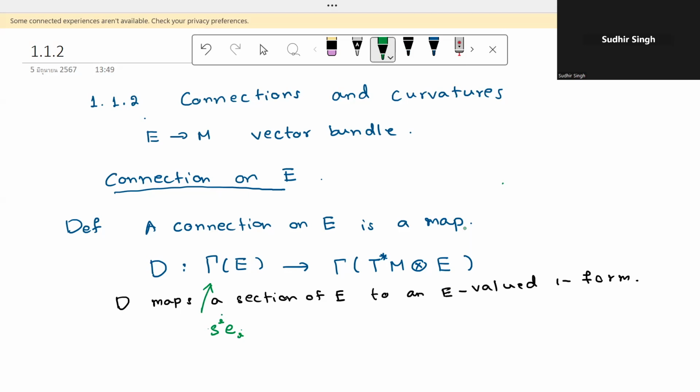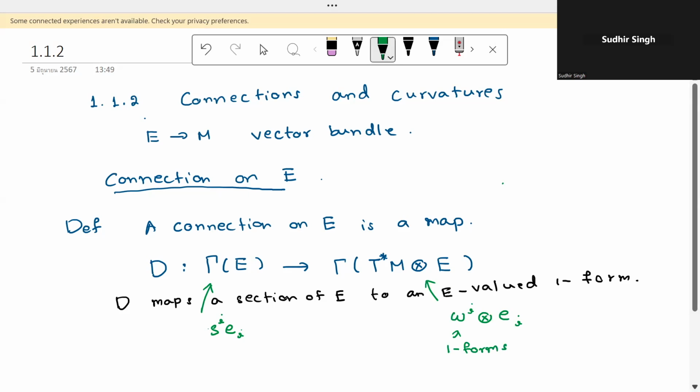Now, a section of this bundle, an E-valued one form, you can write in this form. Again e_i is an element of a frame field, but now omega^i, instead of being just a real valued function, is a one form on M. So these are one forms.